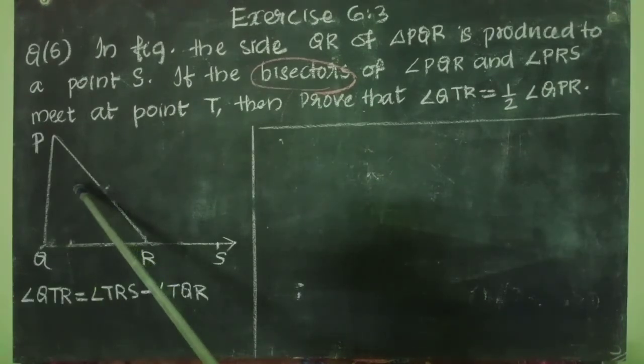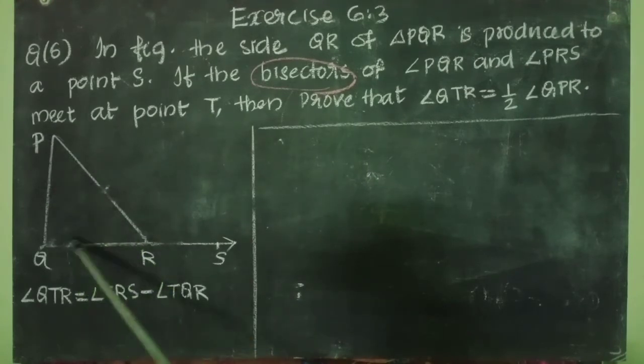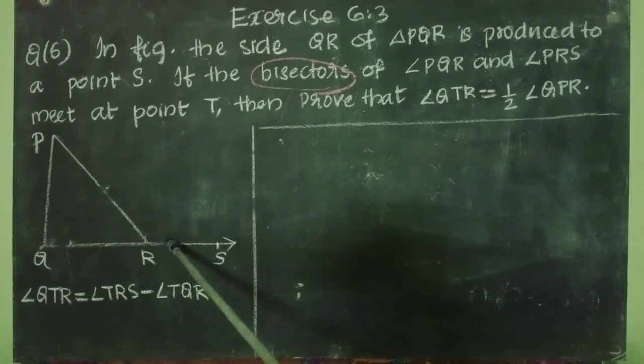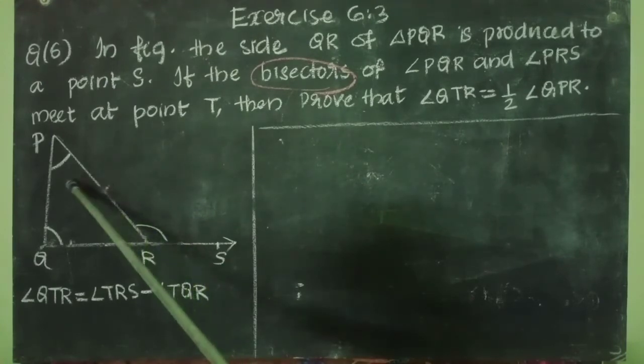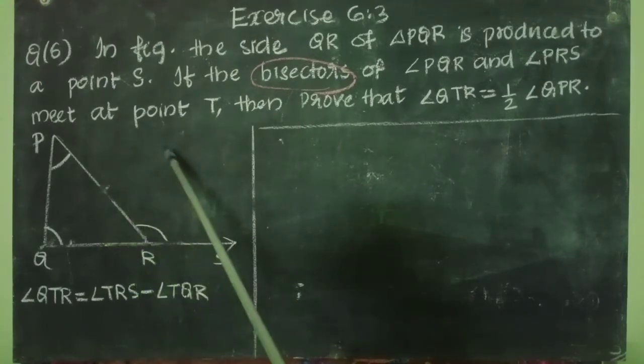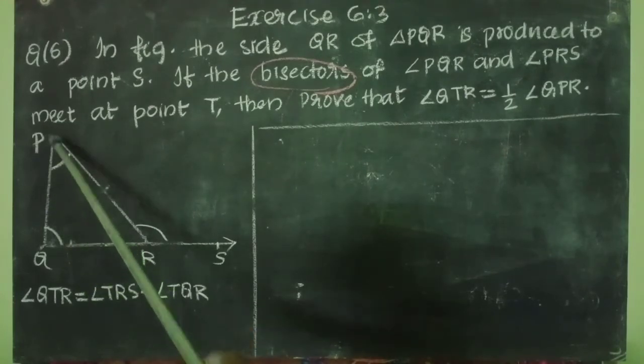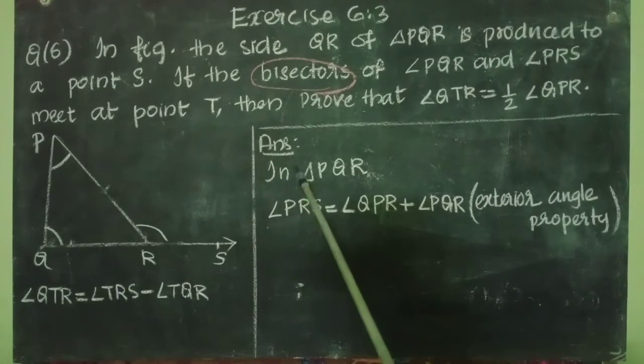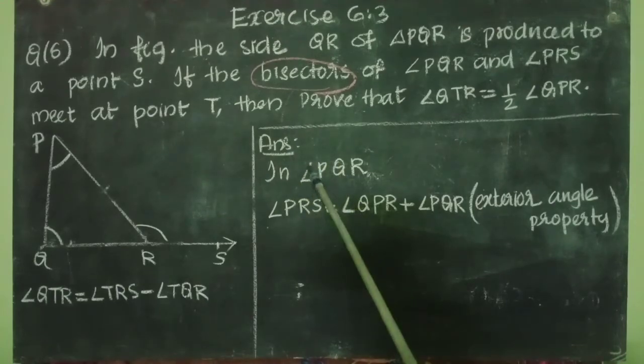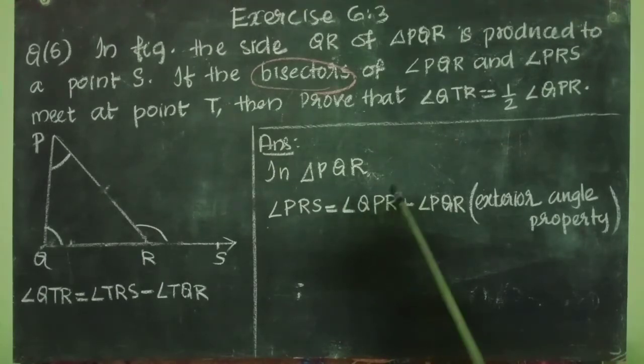Now you see the figure again. We can see triangle PQR here. Here also is one exterior angle, angle PRS. We know the exterior angle equals the sum of the interior opposite angles. So angle PRS equals angle Q plus angle P. Let us write: in triangle PQR, angle PRS equals angle QPR plus angle PQR.